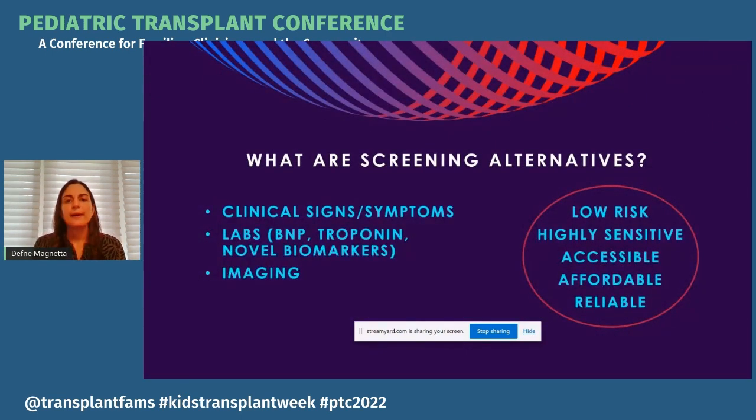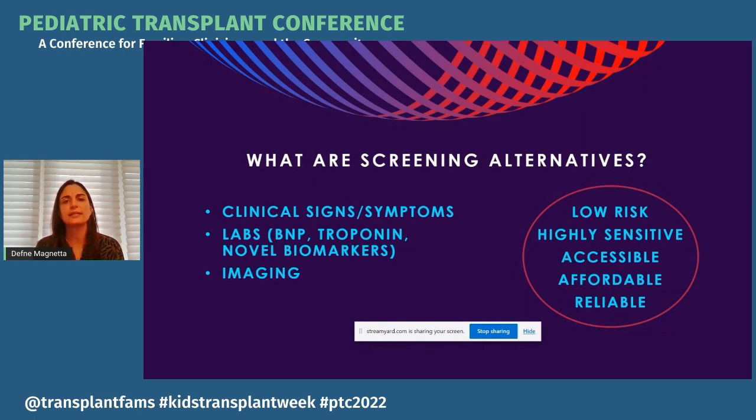So then, as we're thinking about alternatives to biopsy for screening for rejection, since we do need to monitor for this, there are different things you can look at. Obviously, you can look for clinical signs and symptoms, as was mentioned in the last session, but often we don't want to wait until rejection becomes so significant that it causes dysfunction of the graft and symptoms, but it's definitely something we're always screening for.